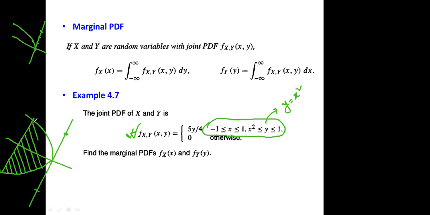This kind of limit we have in our example 4.7, and in this region the PDF is 5y by 4.